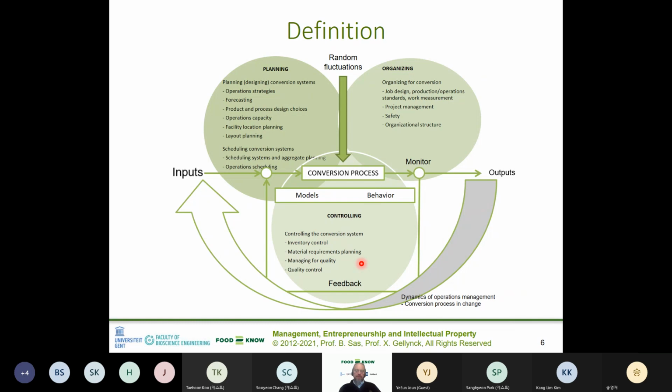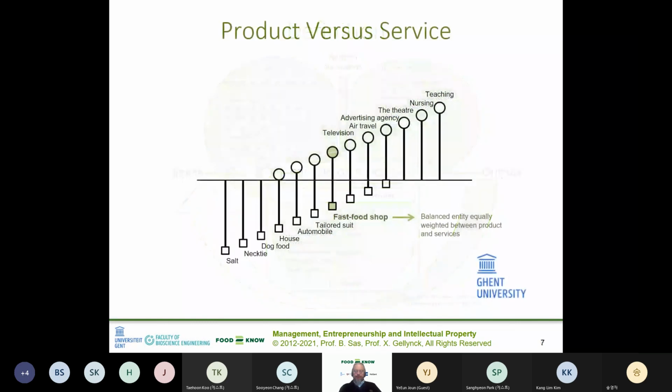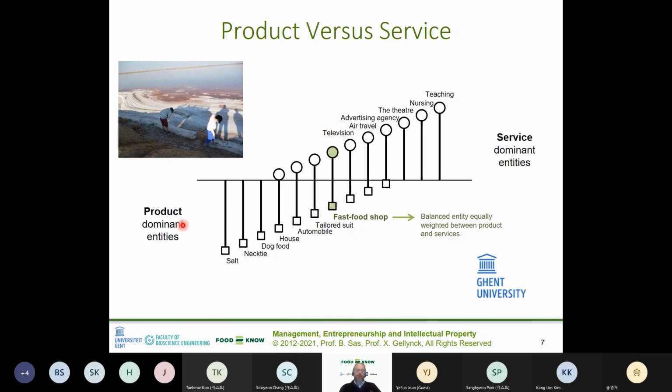So it's input, converting process into outputs being products or services. It can be a wide range, and then some in-betweens between product on one hand. So a typical product is salt. You see here some of my children when they were younger, and we were at a huge dried lake in Tunisia near Tataouine, where actually they filmed Star Wars, the first Star Wars movie.